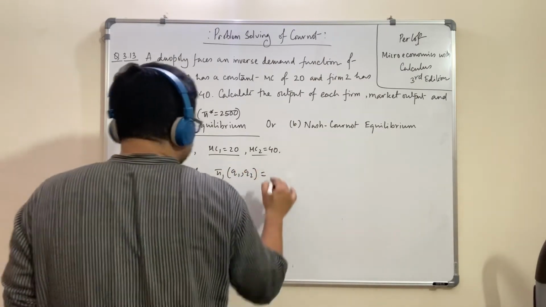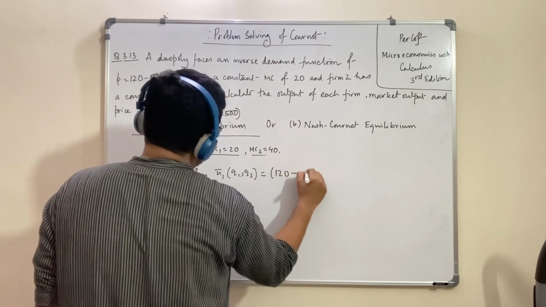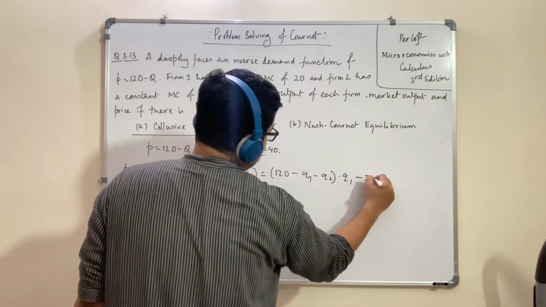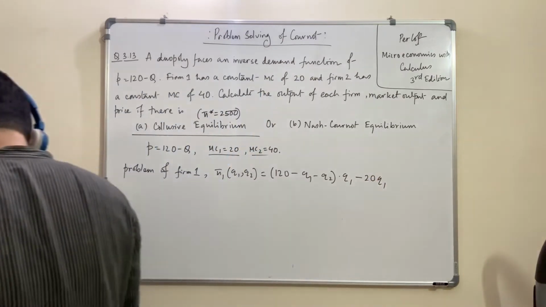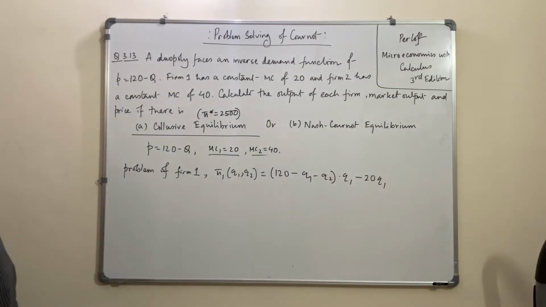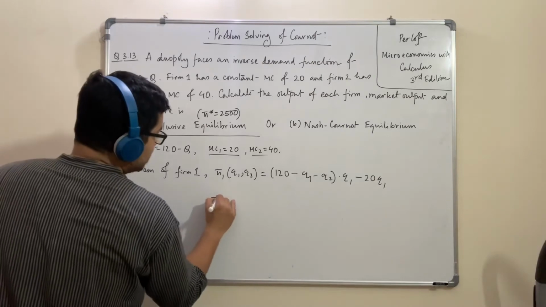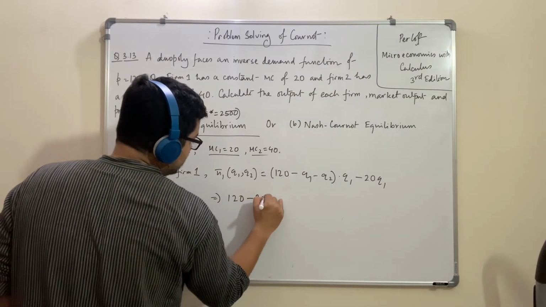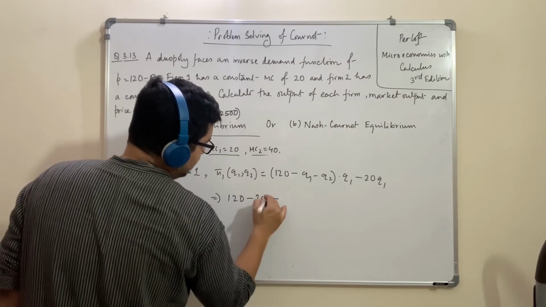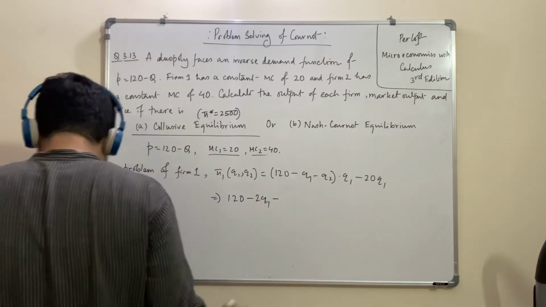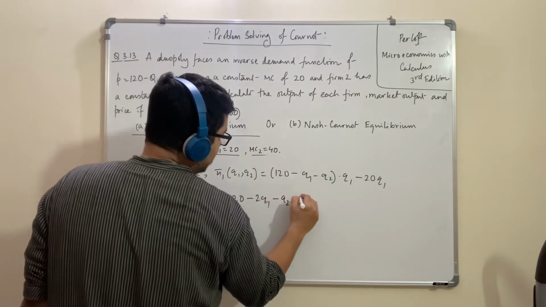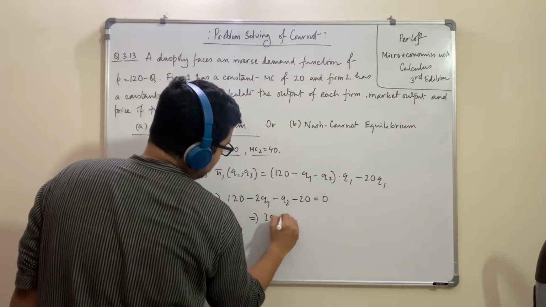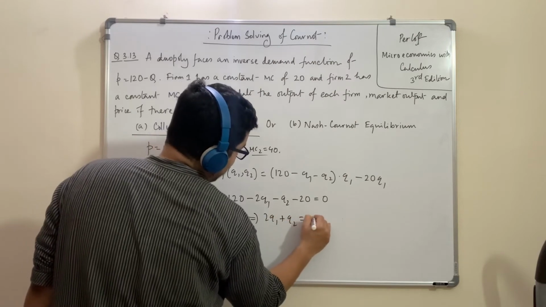This one will be (120 minus Q1 minus Q2) into Q1 minus 20 Q1, right? You have seen the first problem, so this will be a cakewalk. So then it will be 120 minus 2 Q1 minus Q2 minus 20 equal to 0, which will be 2 Q1 plus Q2 equal to 100.